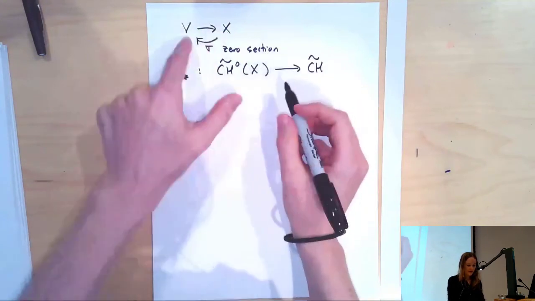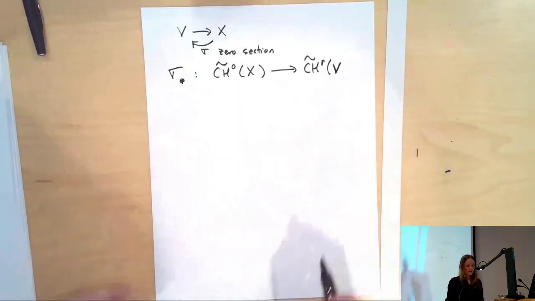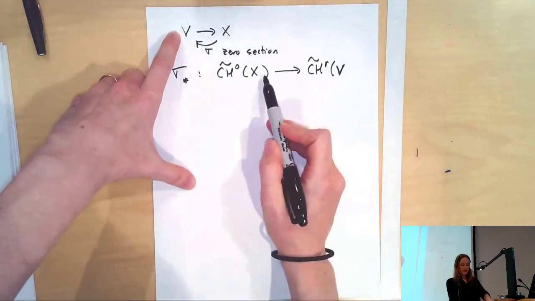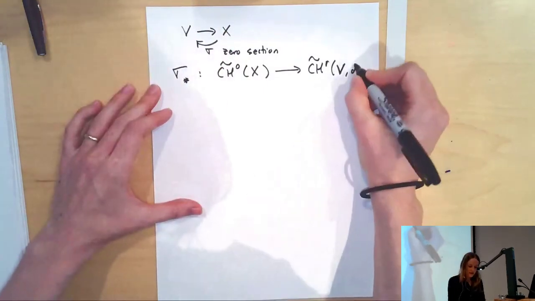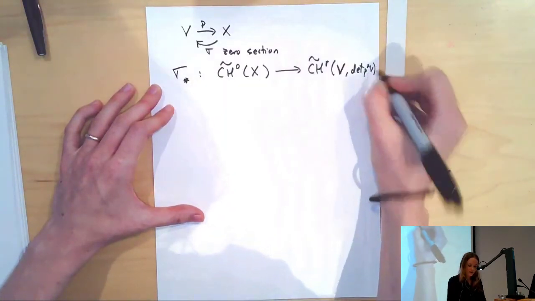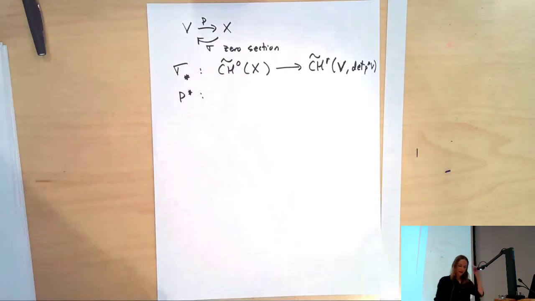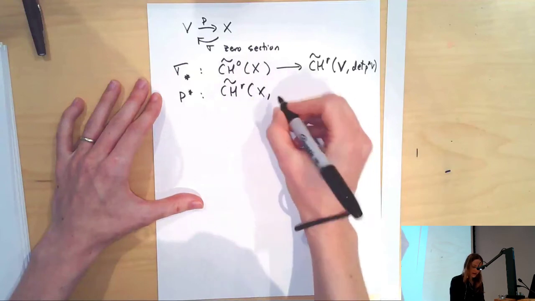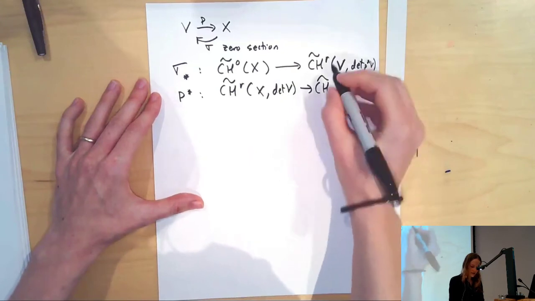The relative dimension is now the rank R of V, and the difference between the canonical bundle of V and this twist we had to do to get rid of X is like the difference between the tangent space of V and the tangent space of X, which when you take its determinant, is the determinant of P star of V. And then P star itself gives an isomorphism from oriented Chow R of X with coefficients in determinant V to this group here.